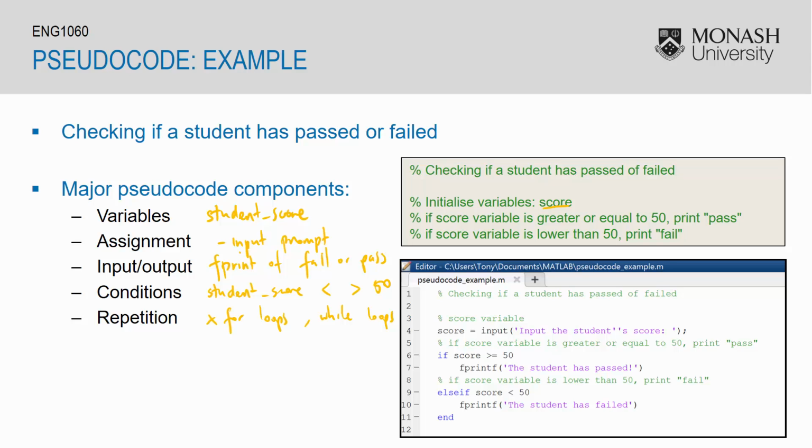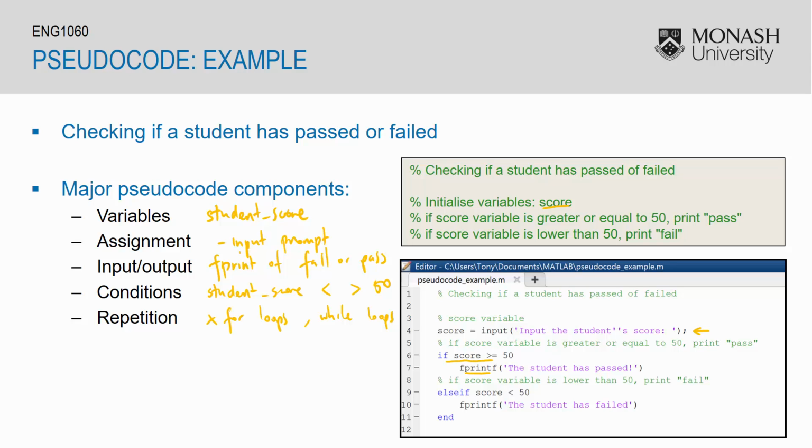Converting this into actual code, we have our same comments, and then we begin filling in the different comments with our MATLAB code. So our score variable is input via an input prompt. We can then use an if statement. If score variable is greater than or equal to 50, we can print pass.